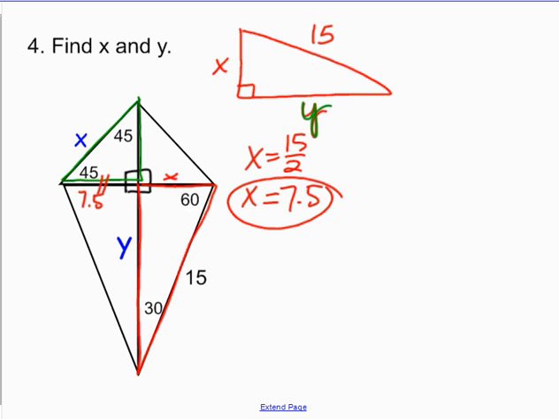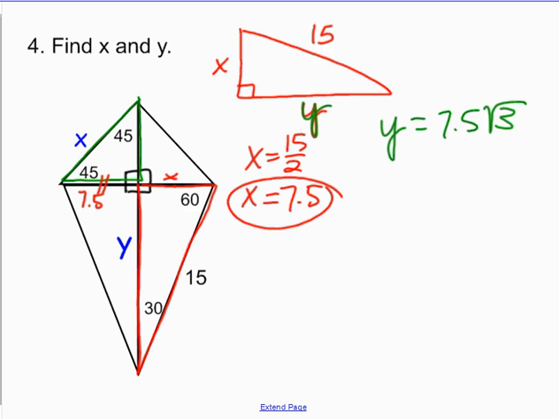So y on this triangle is the short leg times radical 3. So the short leg of this one is 7.5 times radical 3. So that's what y is. Alrighty.